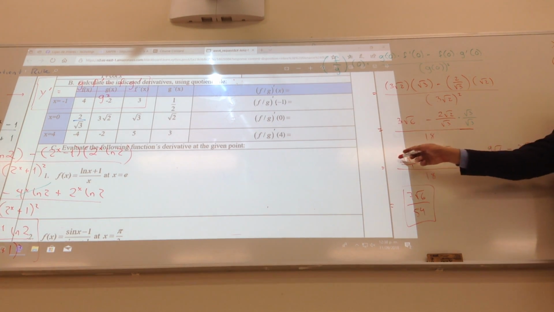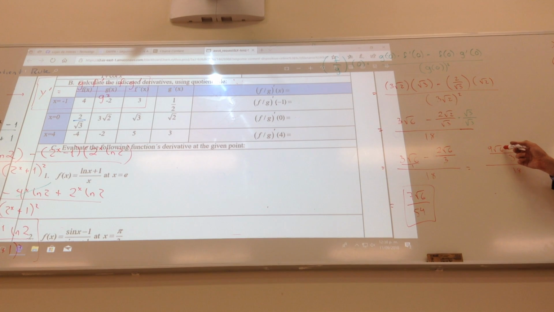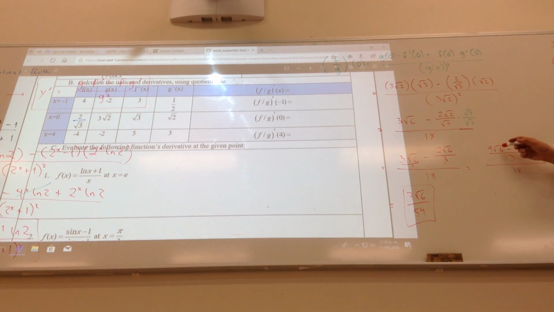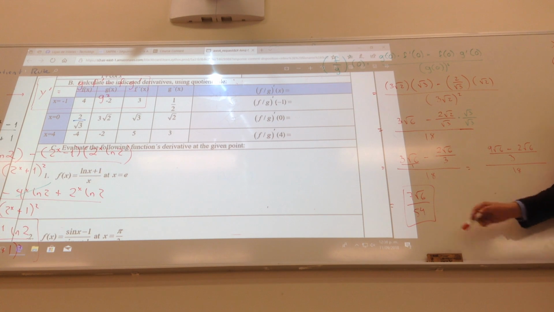So 3 times 3, 9. The square root stays. 3 divided by 3, 1, and this is this. And then same square root, you can subtract the coefficients. 9 minus 2, 7. Square root of 6 over 3 over 18. Division of fractions. This times this. 54. That's my answer.